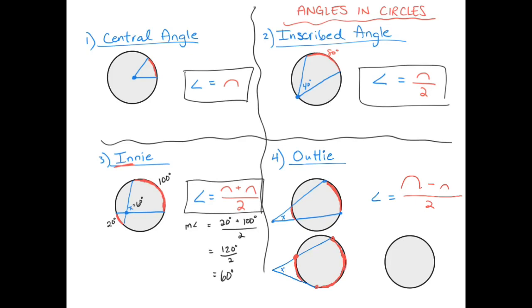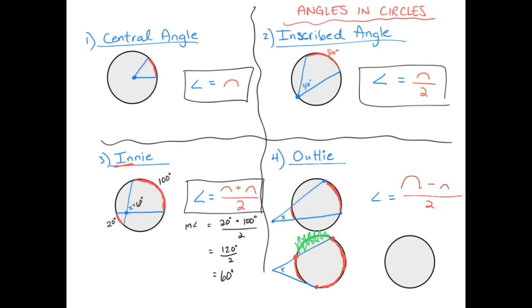Now you're going to be like, what about this guy? Yeah, there's another arc here, but he didn't get used. We don't care about that arc. Okay? So sometimes maybe that green arc could help you find one of your red arcs and then help you find the angle, but otherwise we don't care about that piece.